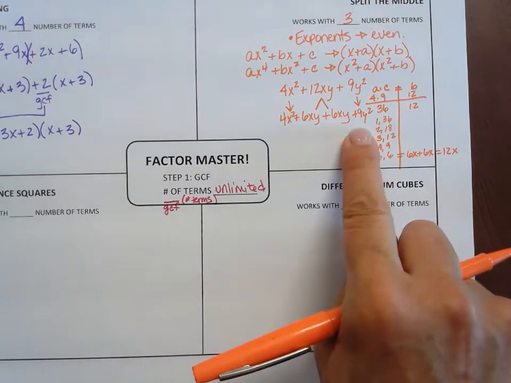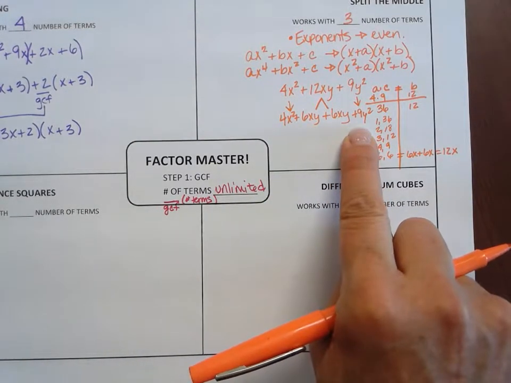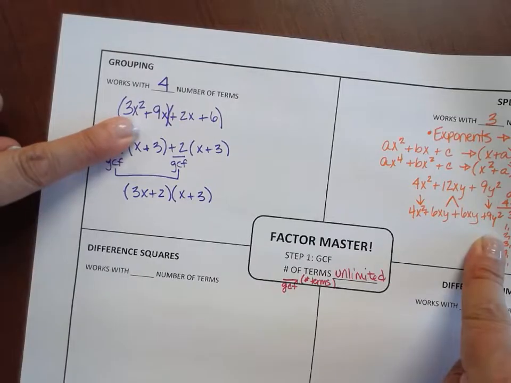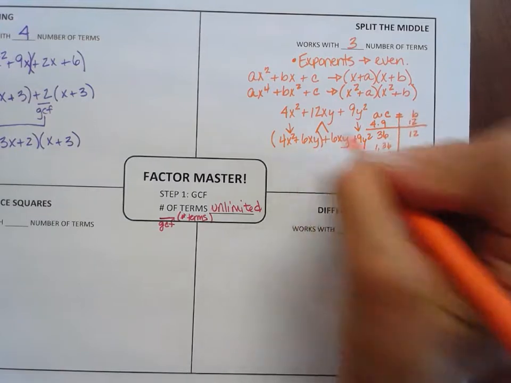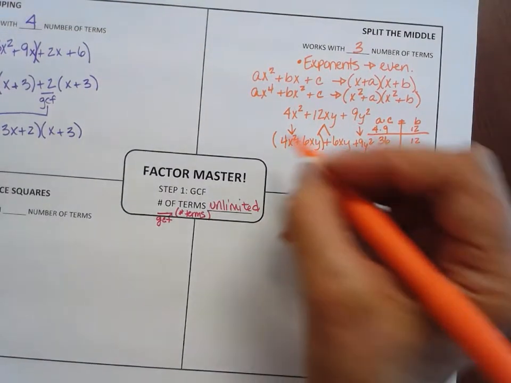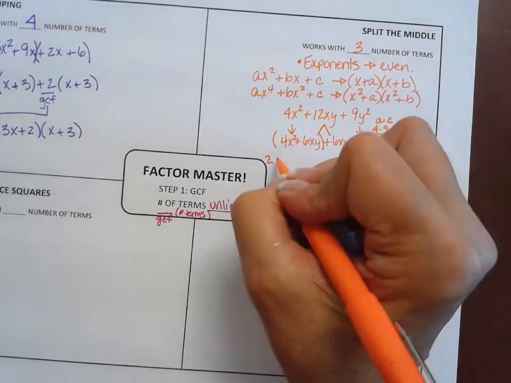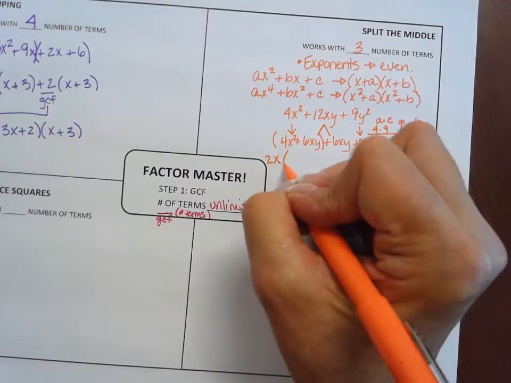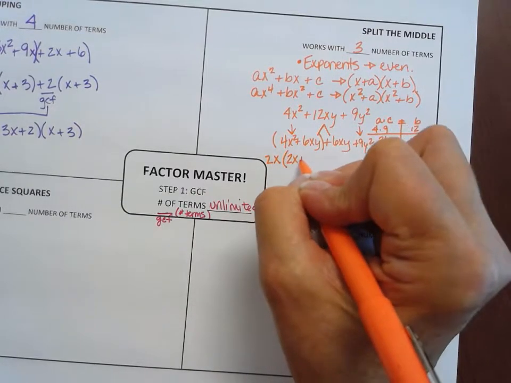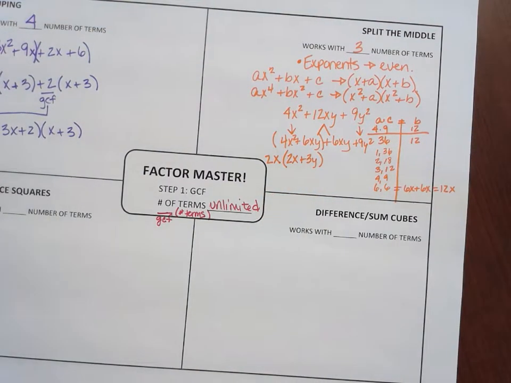And now I have 4 terms, so I go back to the grouping. All right, so I have 2x as the greatest common factor, which leaves me with 2x plus 3y. Good.